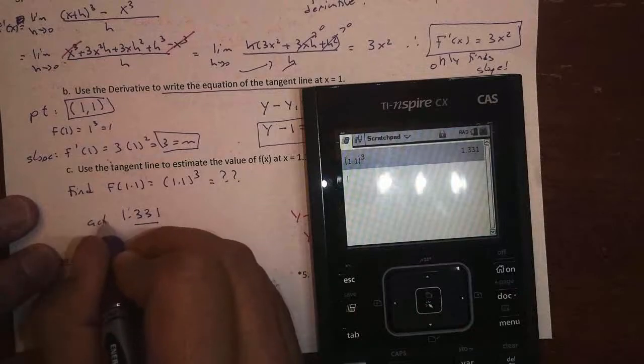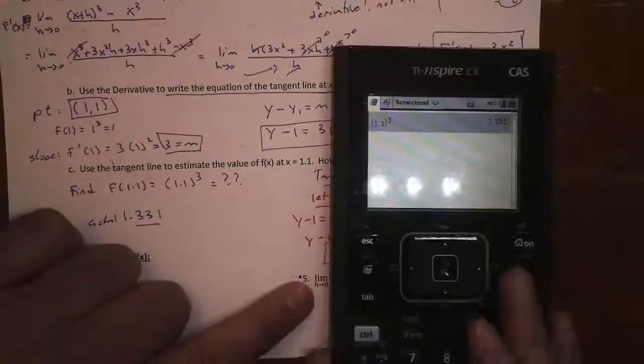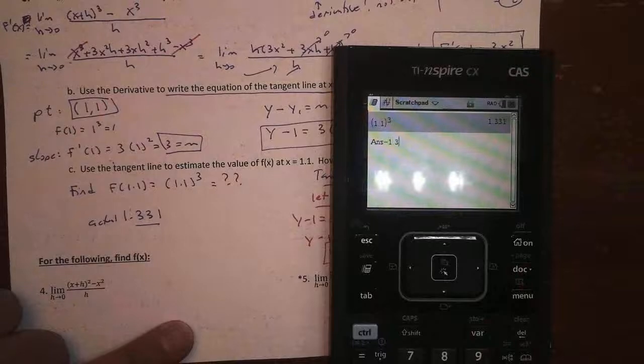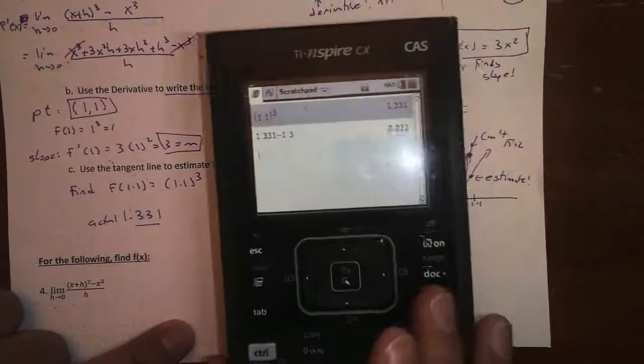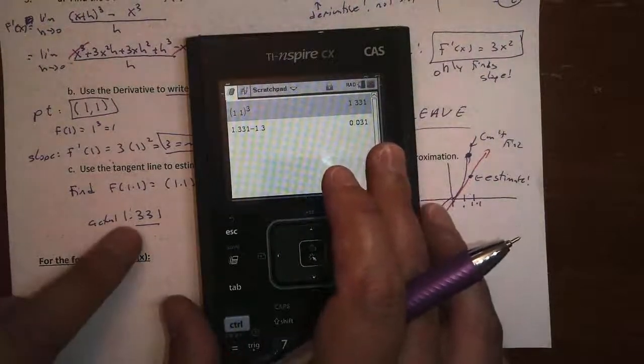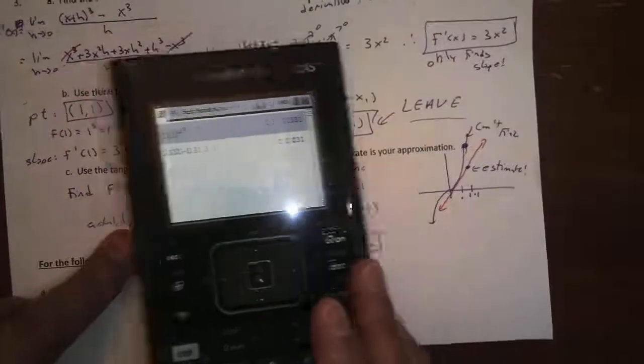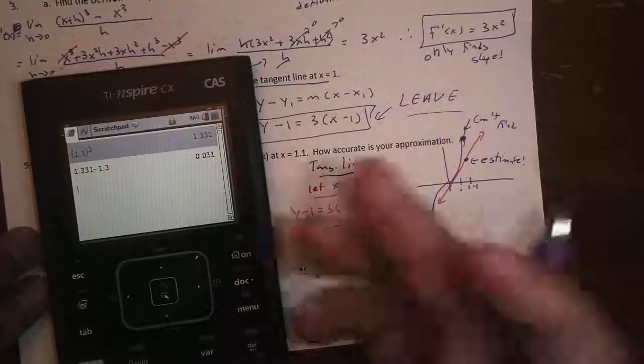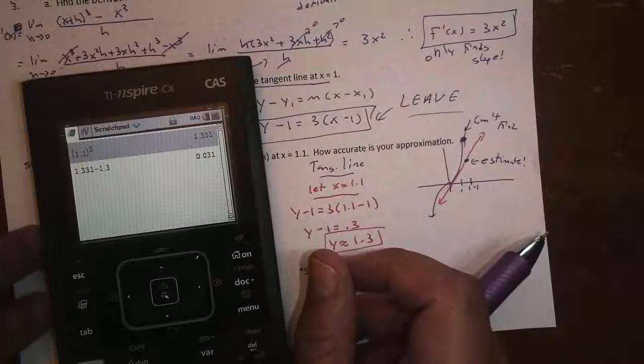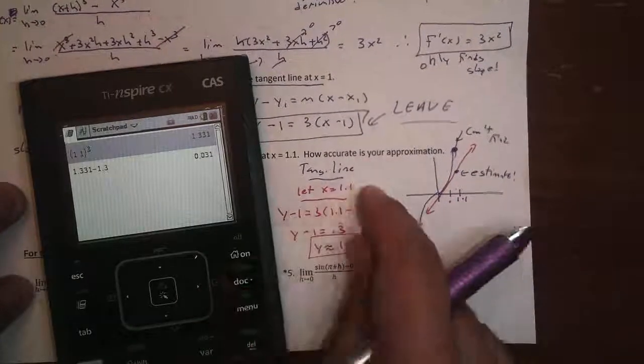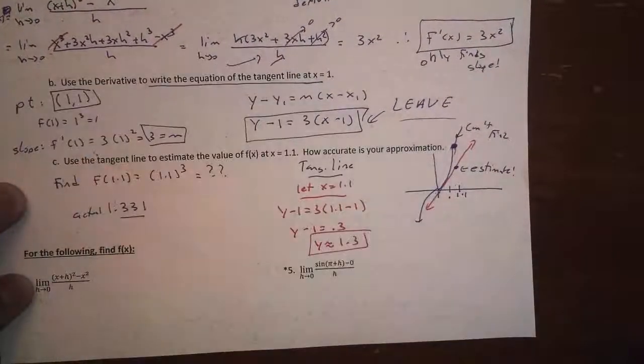If I subtract my approximate, 1.3, look at that. We are 31 thousandths off from the actual value. So even though it's not the actual value, 31 thousandths is pretty close. So we really like this tangent line approximation.